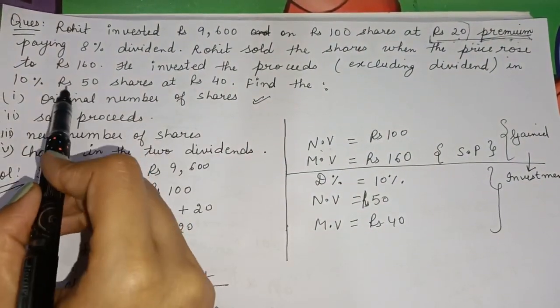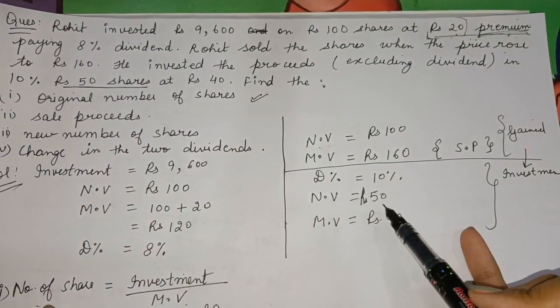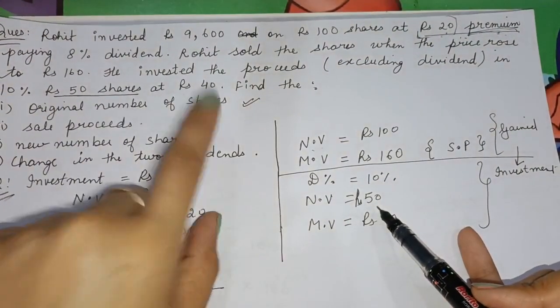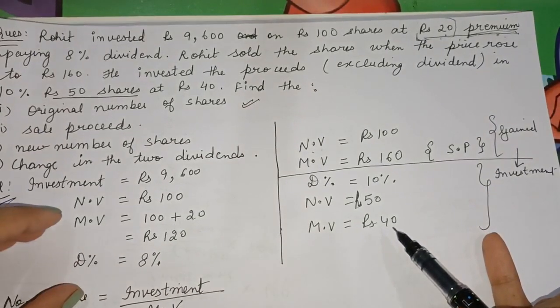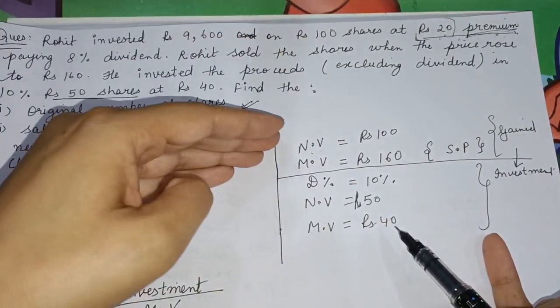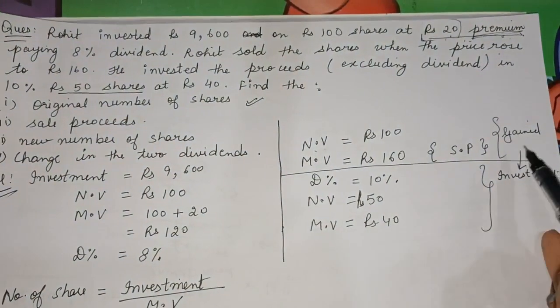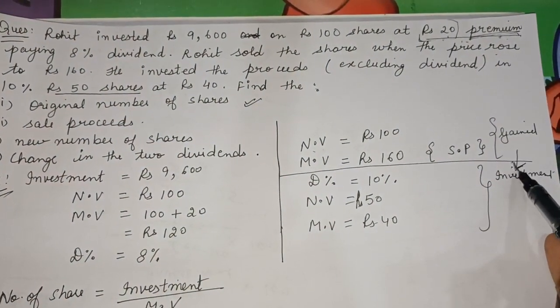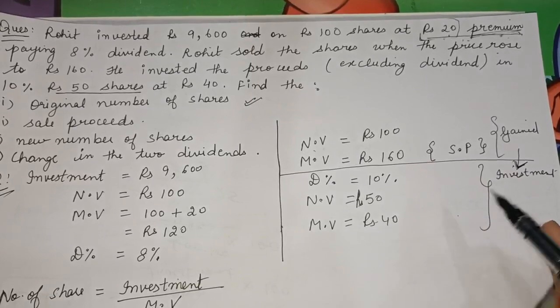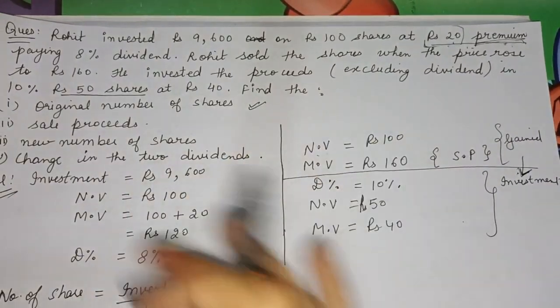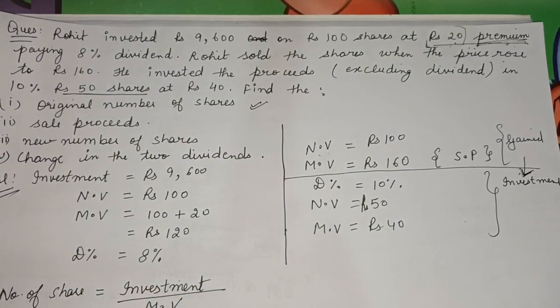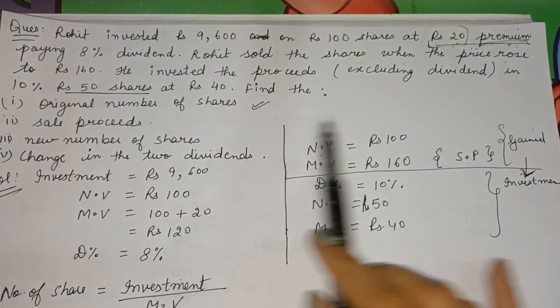This 50 is written just next to shares, that means it is the nominal value, and the other price will always be the market value. So what happened? He bought some shares, then he sold. After selling, whatever he gained, again he did investment. This is the story of the question. If you don't understand this pattern, it will be very difficult to know what to find. So you should have this basic idea.